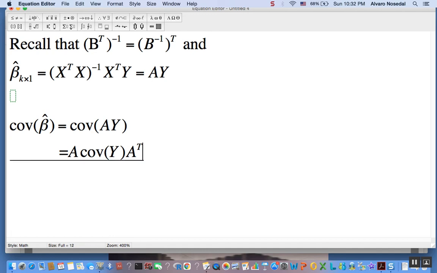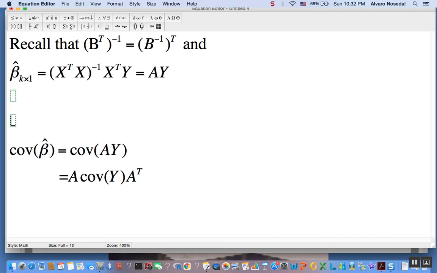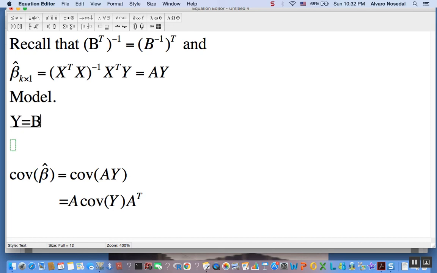Now, something that we're going to need then is the covariance of Y, right? The way our model is defined, it looks like this. Our vector of observations is going to be X times beta plus a vector of random fluctuations, right?